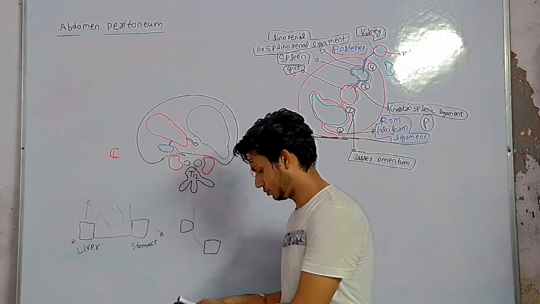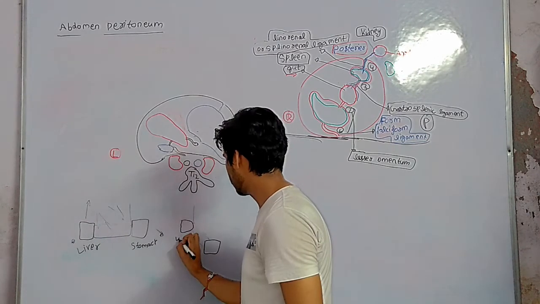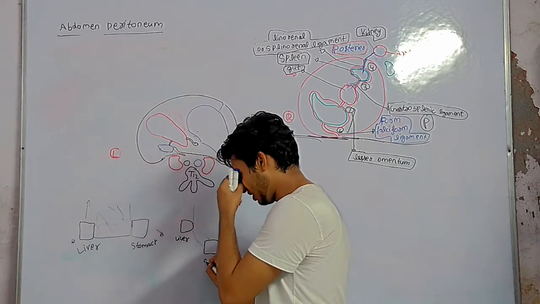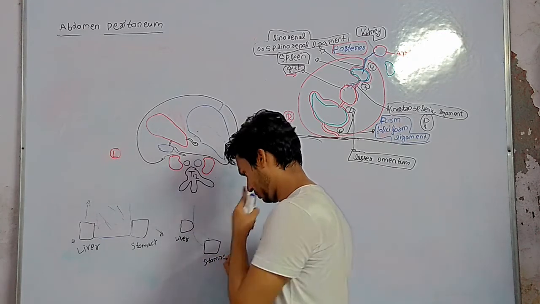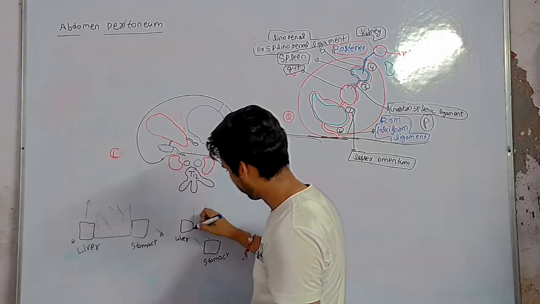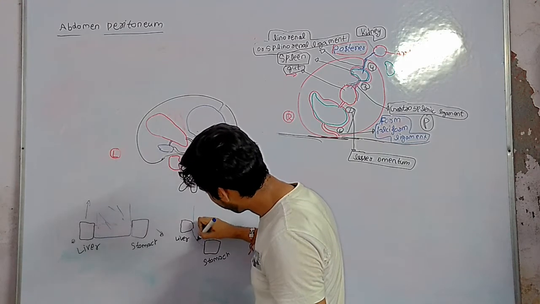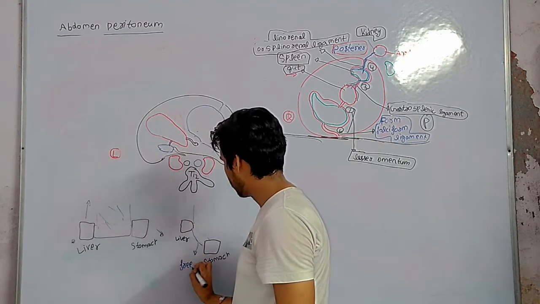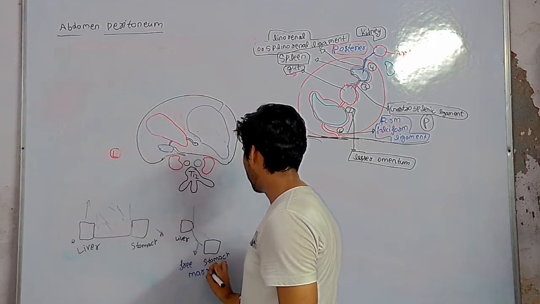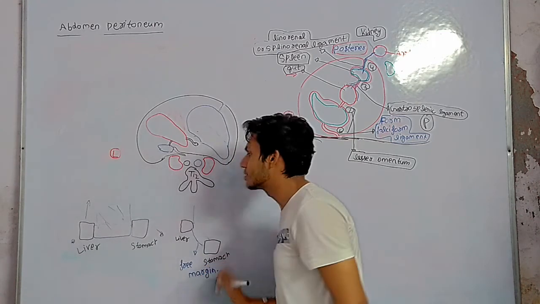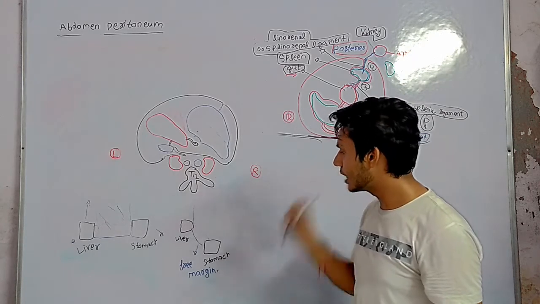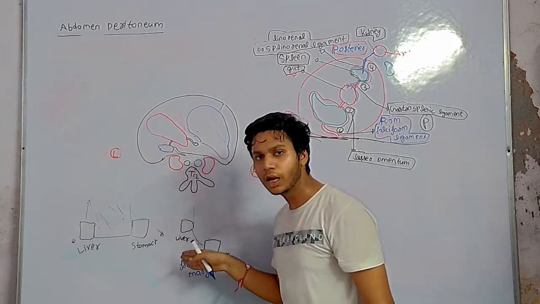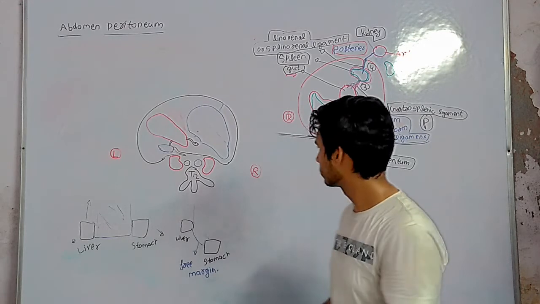So this margin forms the free margin of the lesser omentum, between the liver and the stomach.